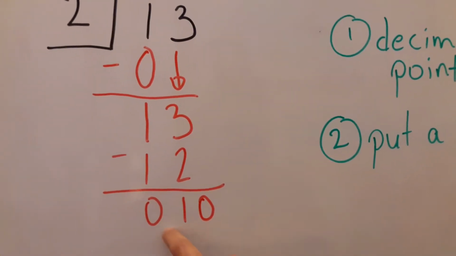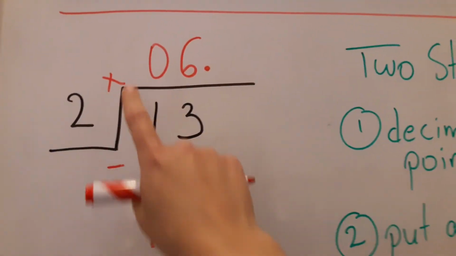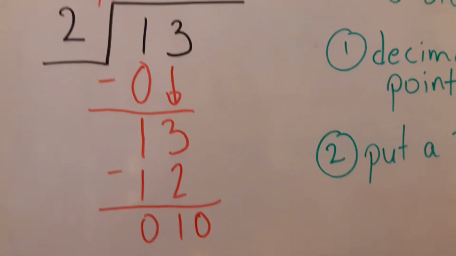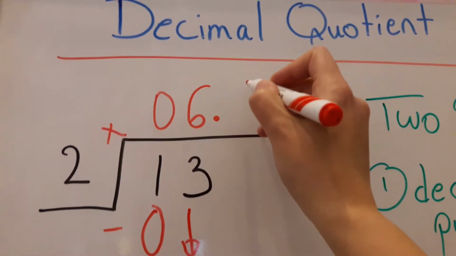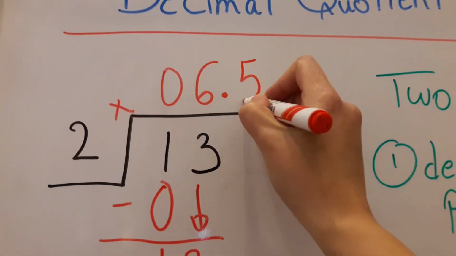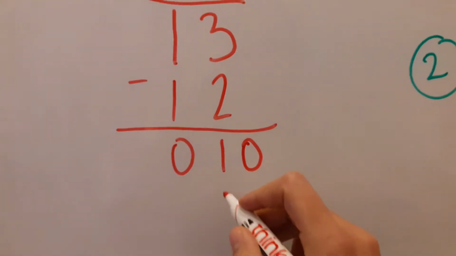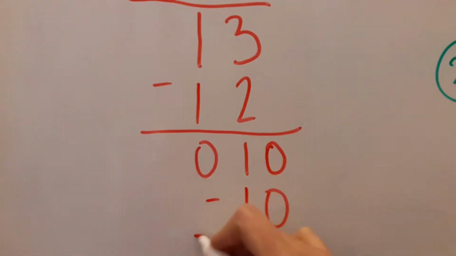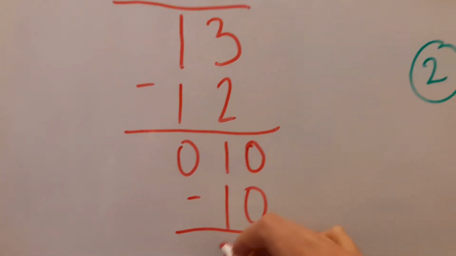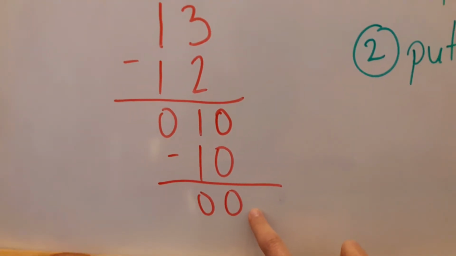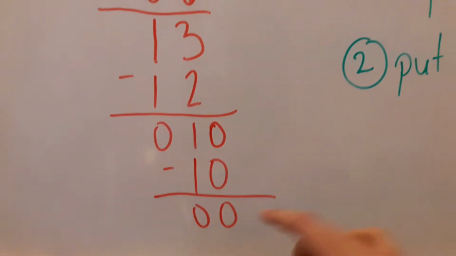Now I have over here a 10. 2 times what gives me 10? 2 times 5. So after the decimal point I'm going to put a 5. 5 times 2 is 10. Then I subtract. Do I have any remainder? No.